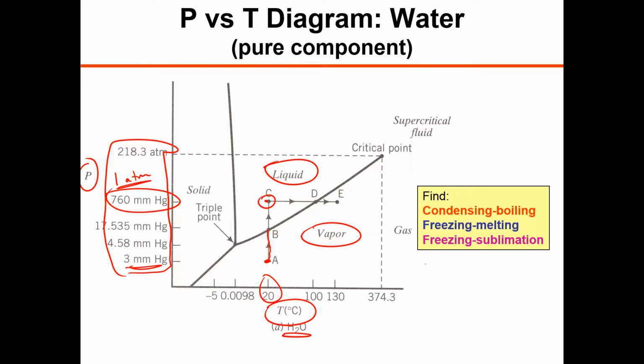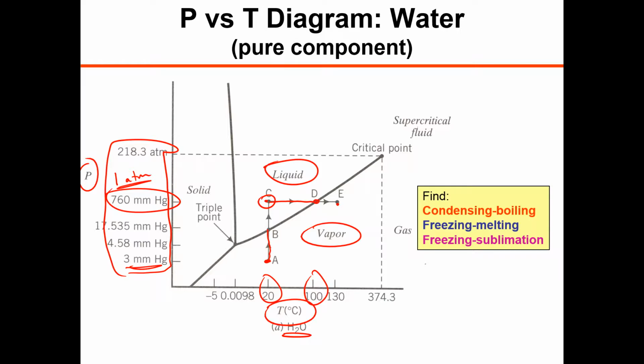Then as we increase the temperature, we reach a certain point, 100 degrees in this case for 1 atmosphere, where it's going to transition from liquid to vapor. That's where it's going to boil. And then finally we're going to superheat our vapor.